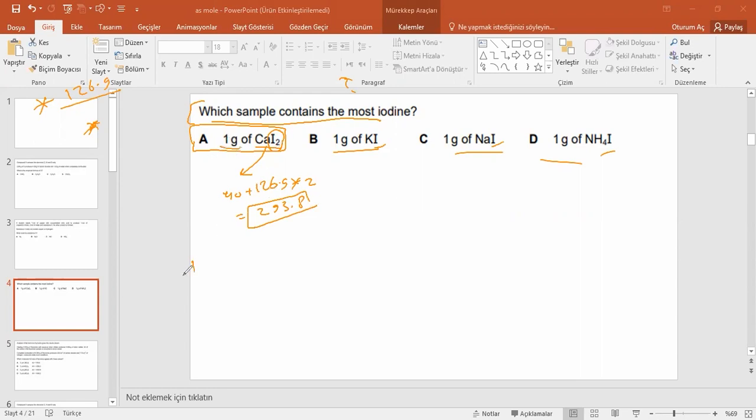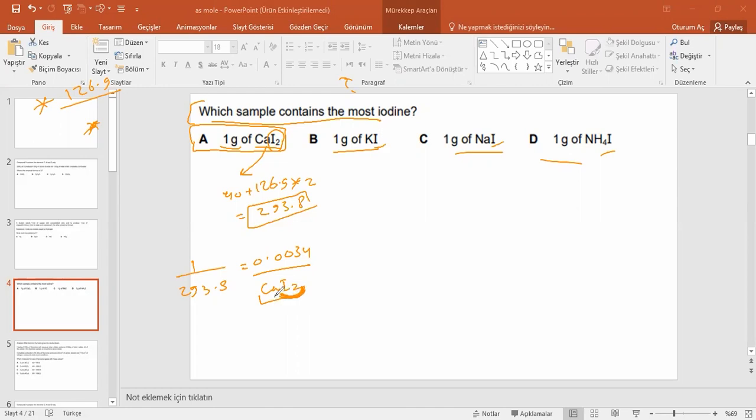We have 1 gram, so 1 over 293.8 will give us what? Will give us the moles of this compound. So we got 0.0034. Okay, this is the moles of CaI2. We have this number of moles of CaI2. Look, guys, here we have two iodine. Okay, we have two iodine, not one.